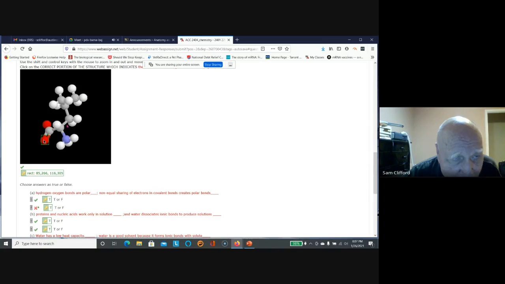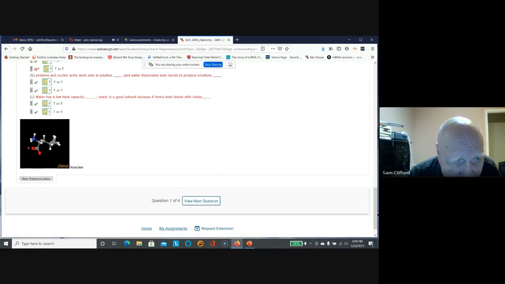So this molecule is an amino acid. This is the carboxyl group. These are oxygen. This is a double bonded oxygen. This is the amino group. These are all carbon, and these are all hydrogen.